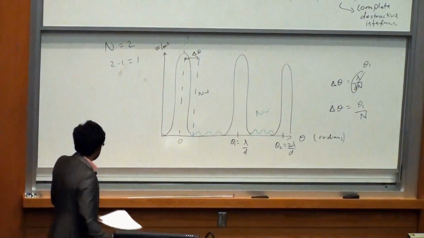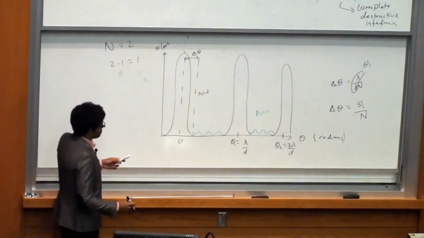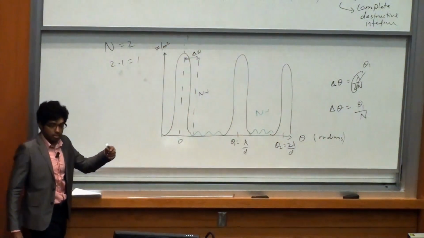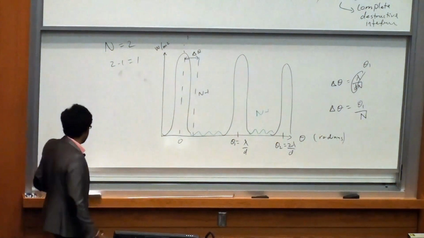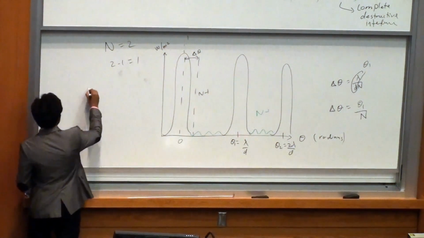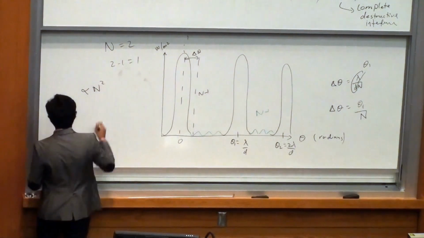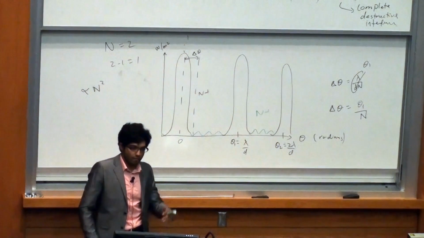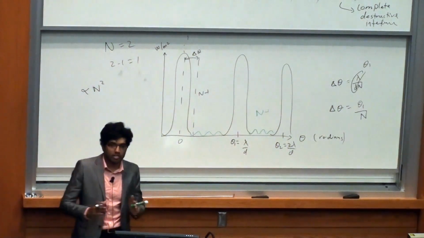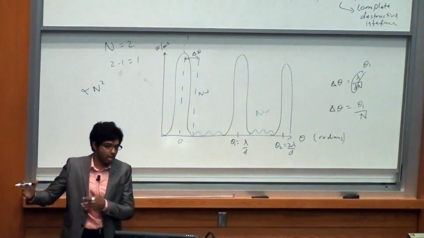As I mentioned, we looked at intensity as proportional to E squared, right? Intensity is also proportional to N squared. And you may ask, why is it not linearly proportional to N? If I have N number of light sources, then I expect my intensity to be N times as much.